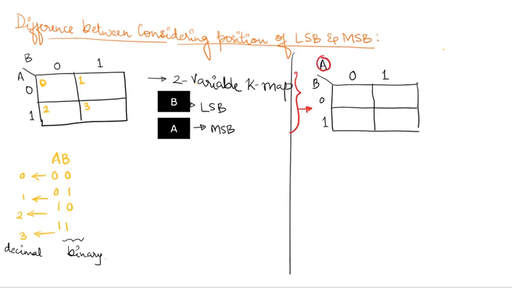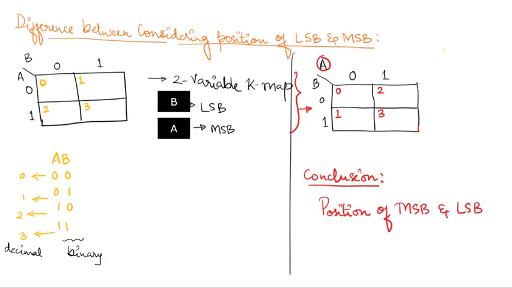So here also A is MSB, B is LSB, but just note the difference in the placement of the decimal value. So 0, 1, 2 and 3, which is marked in red color. So conclusion, what we can say is that when you consider the position of LSB and MSB, it's very important to note that you are placing the max terms and the min terms in the correct places.